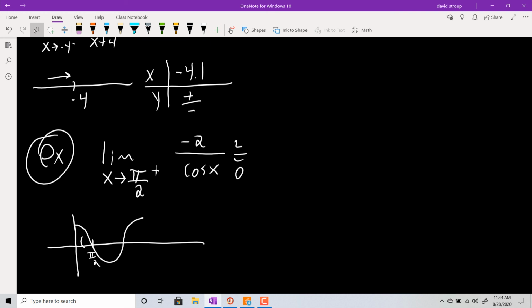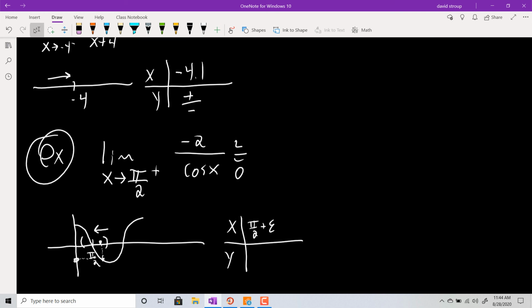If you take an open interval around pi over 2 and you're approaching from the right, the corresponding y values are positive or are they negative? They are negative, right? For your test value, as we approach from the right, you're getting something bigger than pi over 2 for your x value, so I'll say pi over 2 plus something.